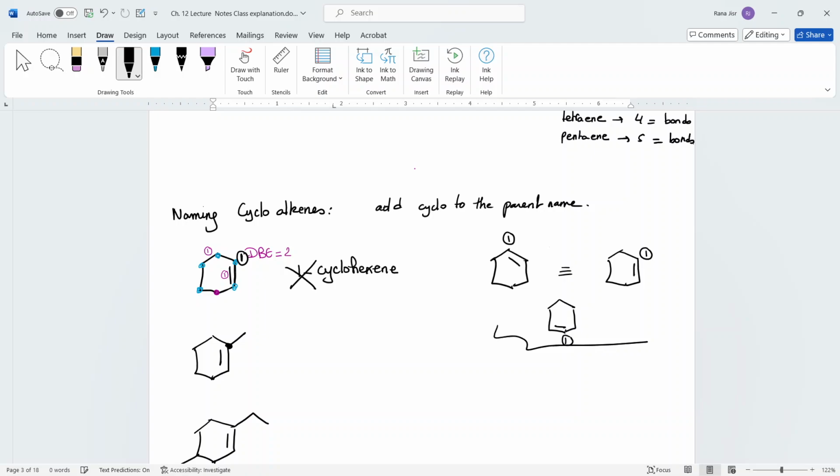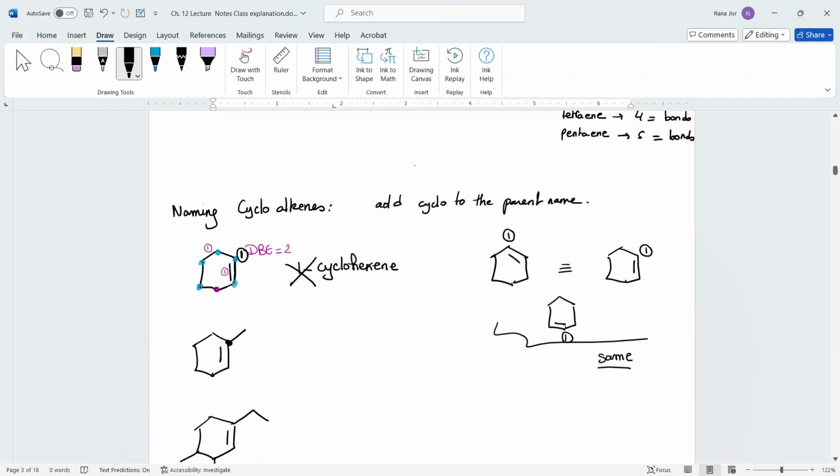So all of these structures are going to be the same. This is why whenever you have 1 double bond in there and no substituents, you can go ahead and say this is a cyclohexene without even putting a number 1 in there.